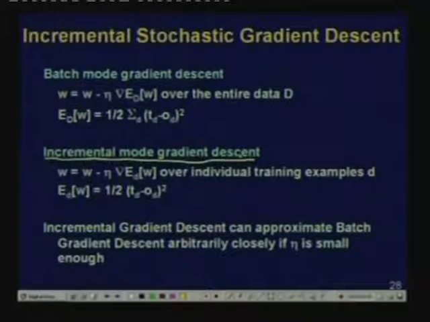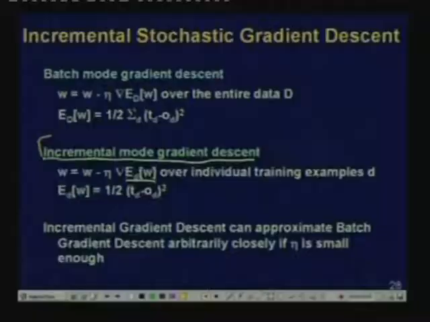In incremental gradient descent, we modify the weight vector by processing a single training example. So, we look at a single training example, with respect to it we modify the weights, then we look at one more training example, then we modify the weights and so on. This process is much faster because after every training example we modify the weights. So, the rate of change of weights is much faster.